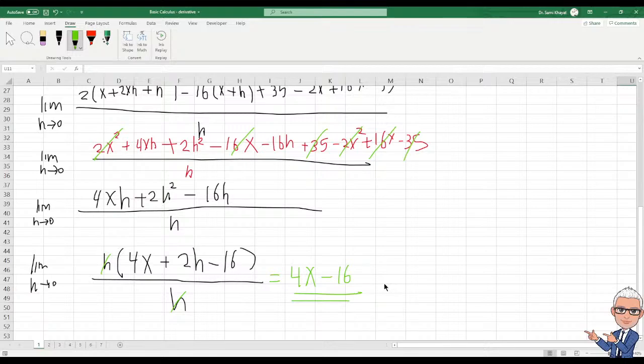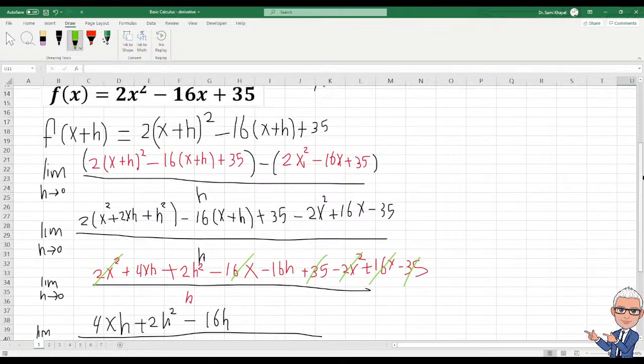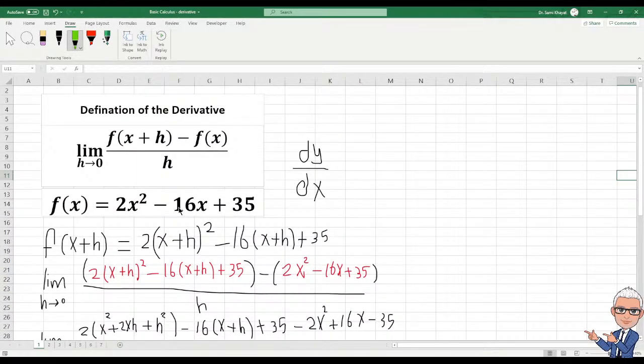This is the final answer. Now we can say the derivative of this one is equal to 4x minus 16. We refer to it like this for the derivative.